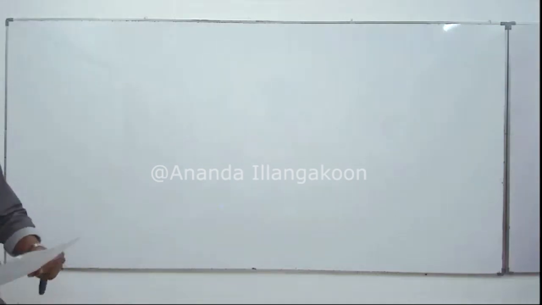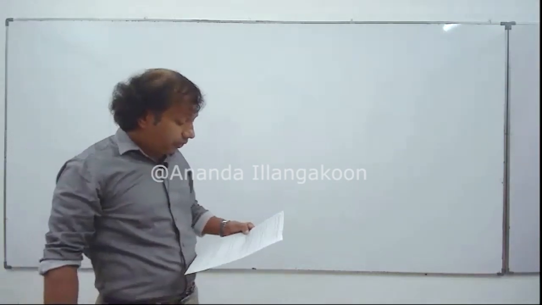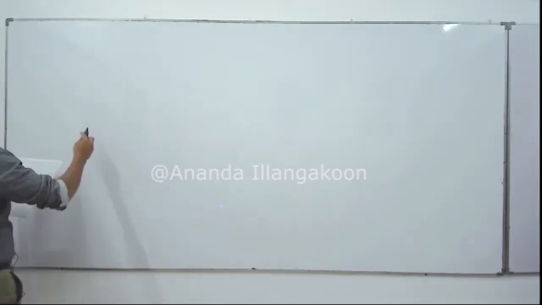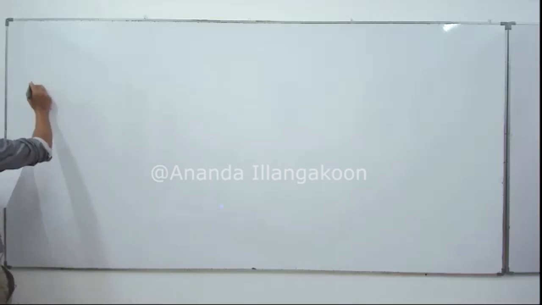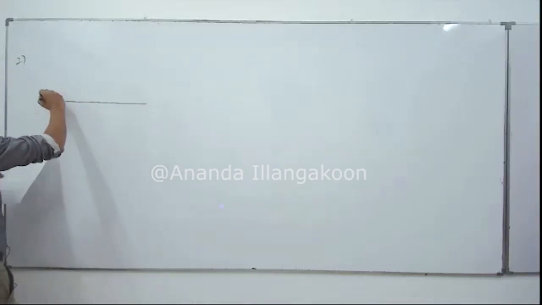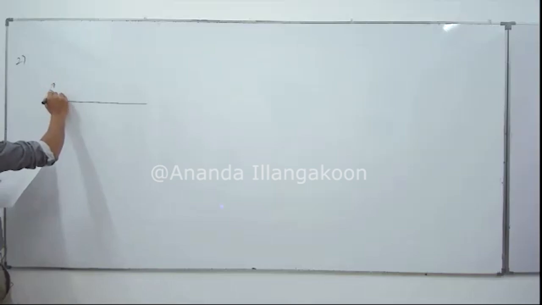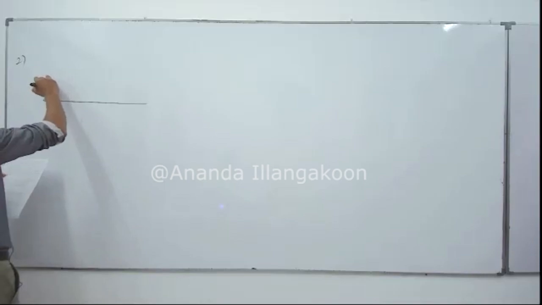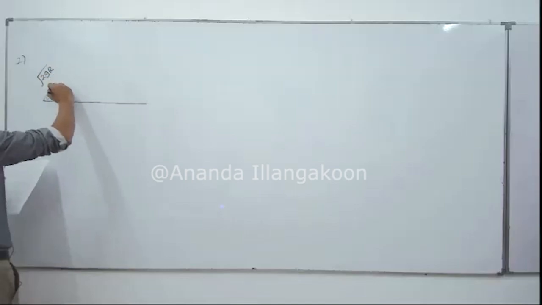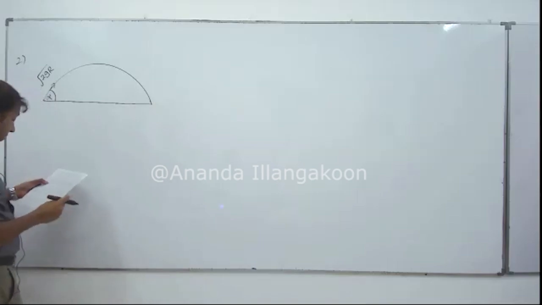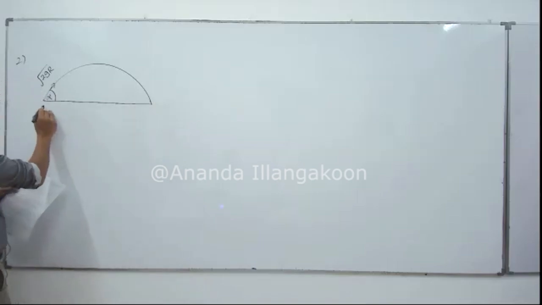Now, number 2 says the particle is projected from a point on the horizontal ground at an angle alpha, this way, with velocity root 2gr, where r is the horizontal range.